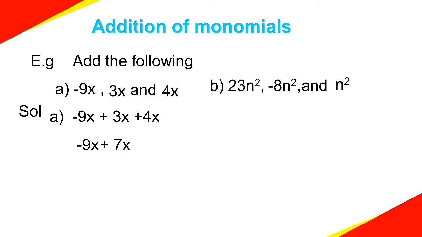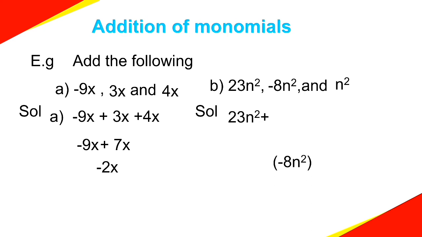What we can get? Right, that is 2x. Here you can see in these two constant terms, what is the largest number? Right, that is 9. For 9, what is the symbol we have? Minus. So that's why in the result also we will get minus 2x. Now we are going to solve option B.